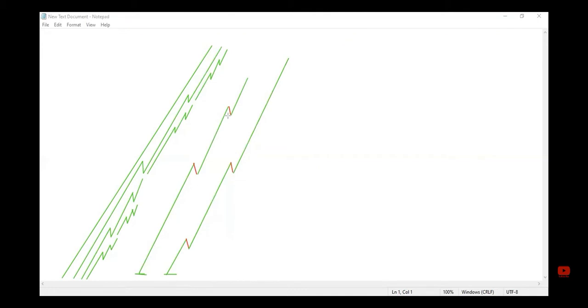So step by step, the market is losing its momentum. And here the first wave is a very short wave, the second wave is larger than the first one, and the third wave is much larger than the previous two waves. So it may happen in the downward direction also.